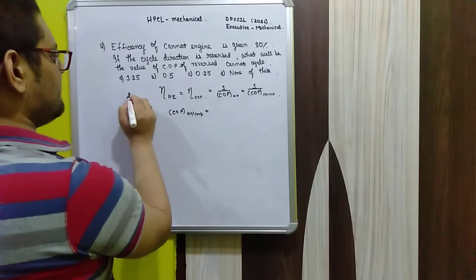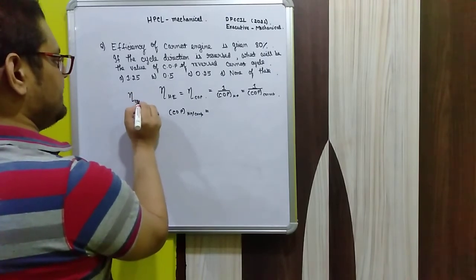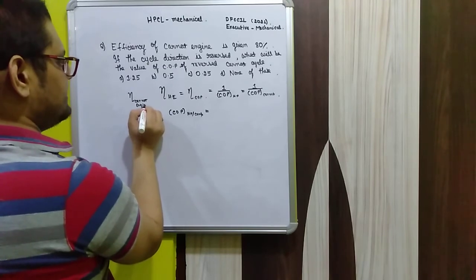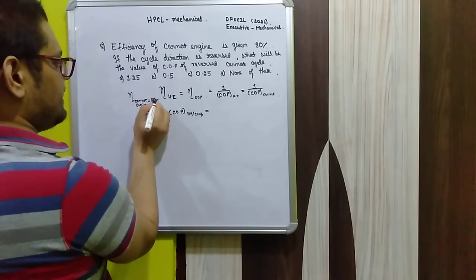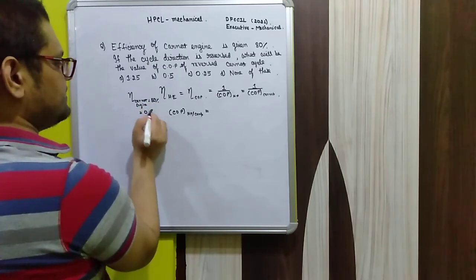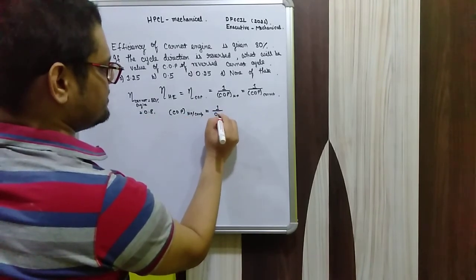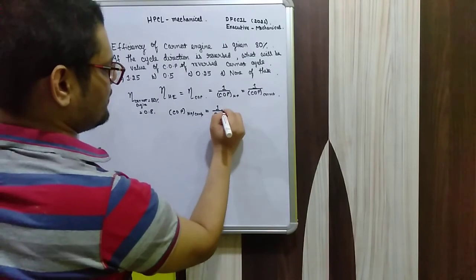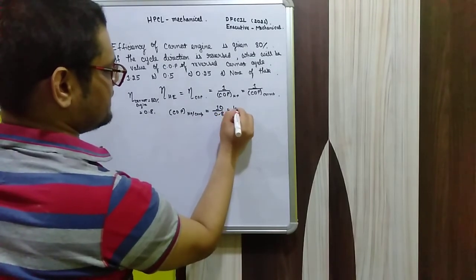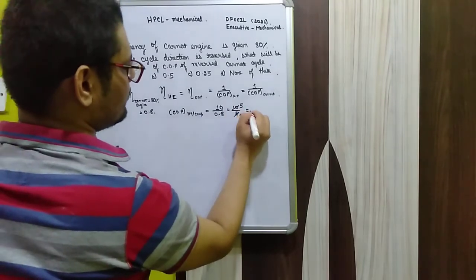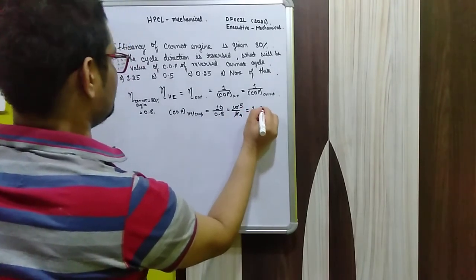The efficiency of the Carnot engine is already given, that is 80%. We can write it as 0.8. So we put the values, it is reversed, that is 1 by 0.8, which is 5 by 4, equal to 1.25.